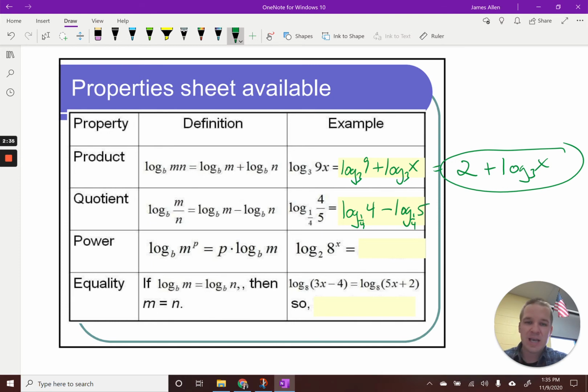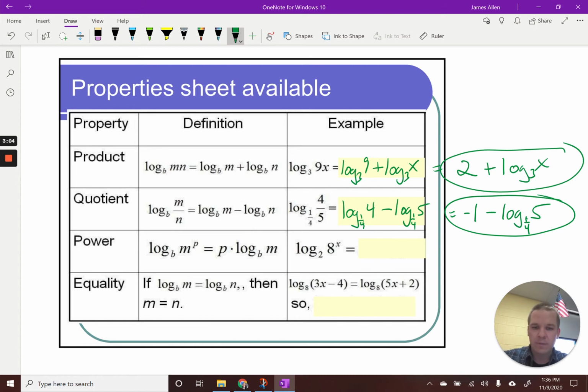And again, if this asks us to simplify or evaluate when possible, well, 1/4 raised to what power would give me 4? That would be -1 minus log base 1/4 of 5. Right? 1/4 to the negative first power would give me the reciprocal of 1/4, which is 4/1. So again, that's a fully simplified, evaluated version of it.